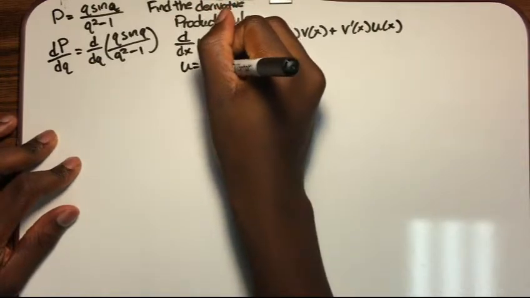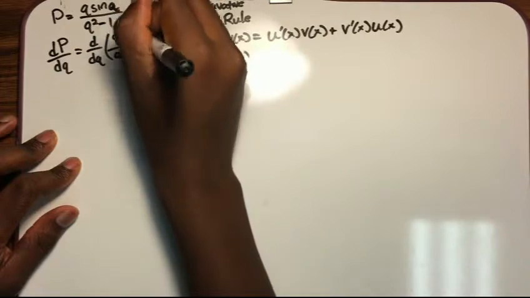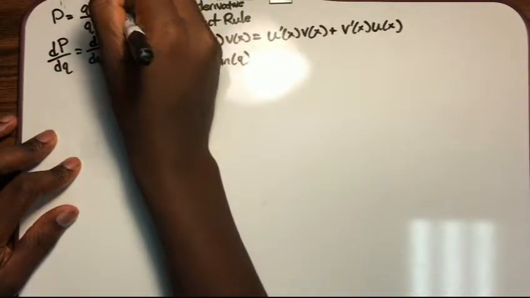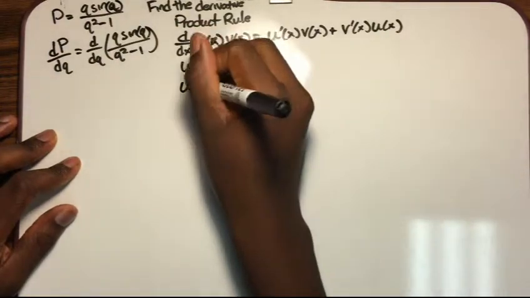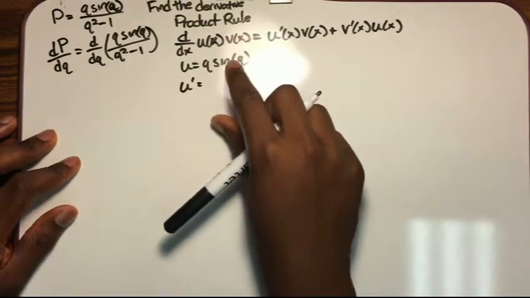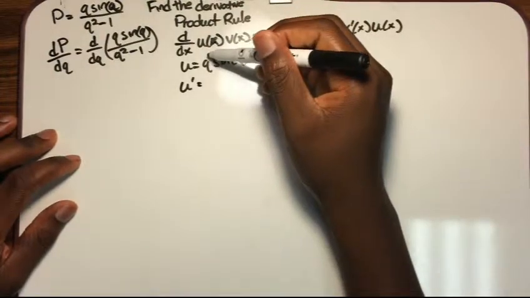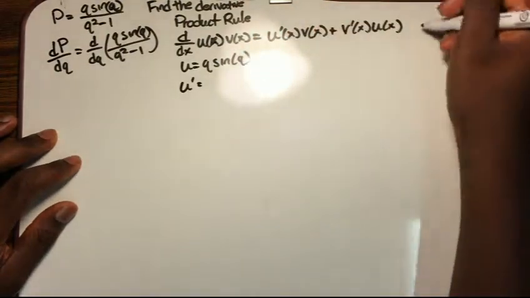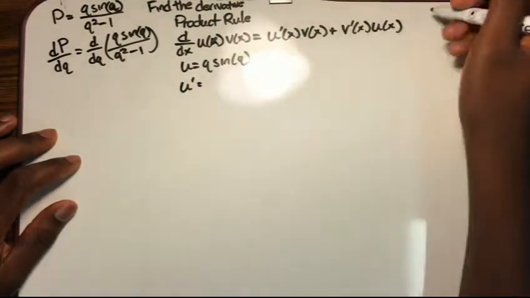So our first step here is to pick out u, and we will say u is equal to q sine of q. Sorry, I want to put parentheses here to clarify. And u prime will be what? Well, we actually have to use the product rule again because you have two different functions here, q and also sine of q.